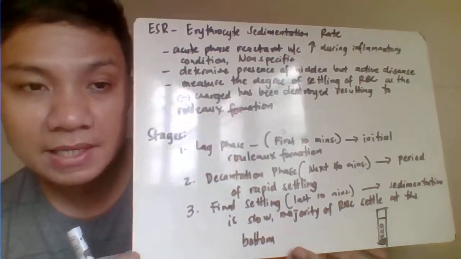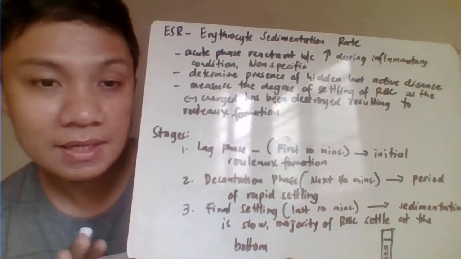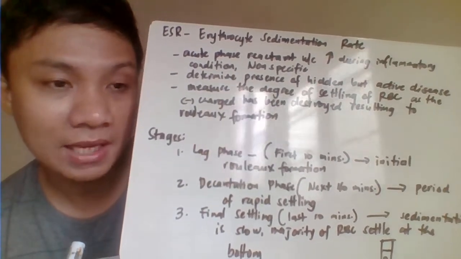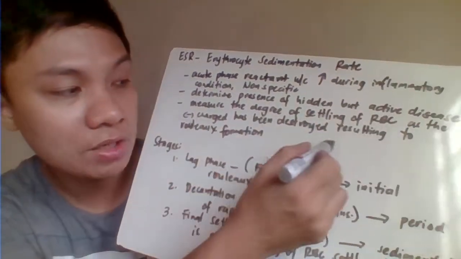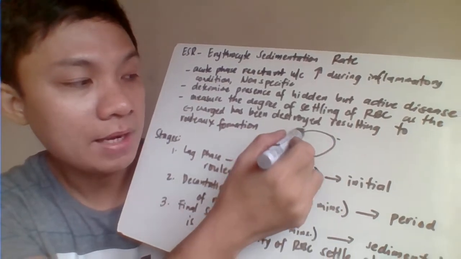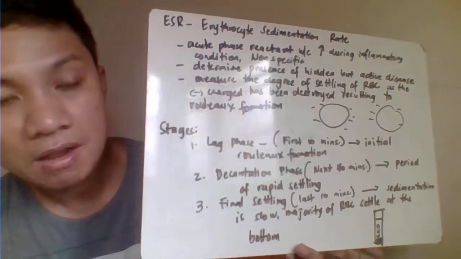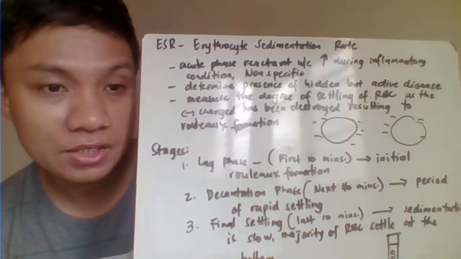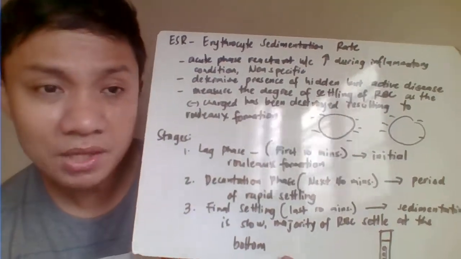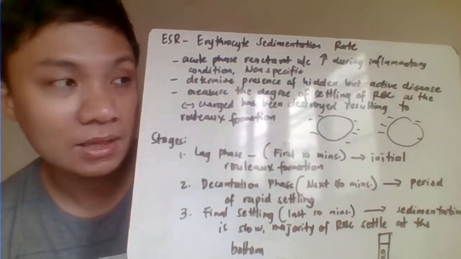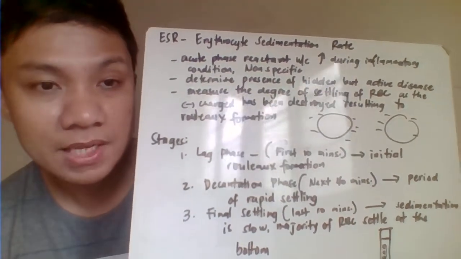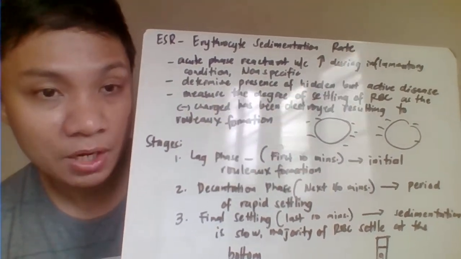Okay, so basically the RBCs settle because normally our RBC contains negatively charged particles. So may mga negatively charged dito. And this negatively charged particle here, or the zeta potential, is actually the one that would allow the RBCs to repel one another.